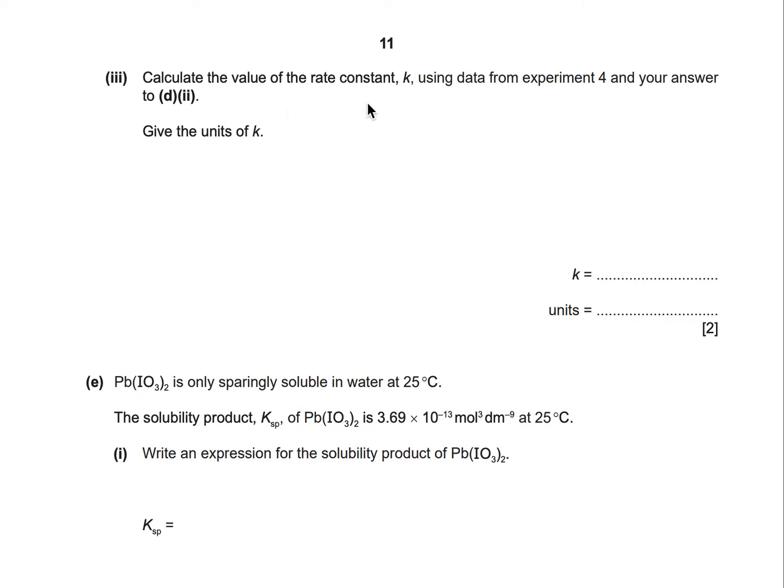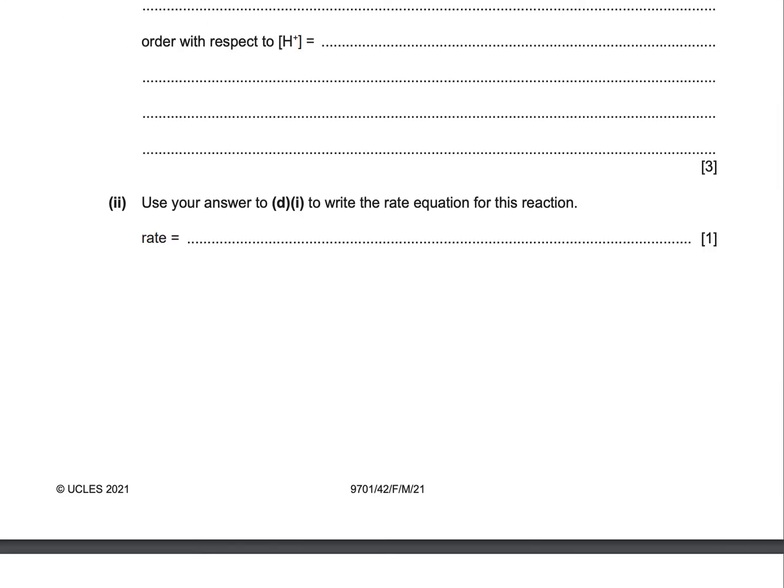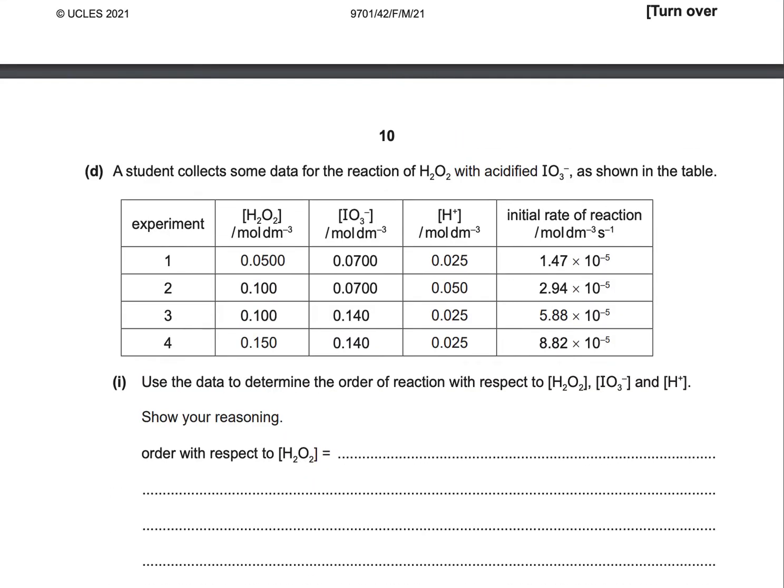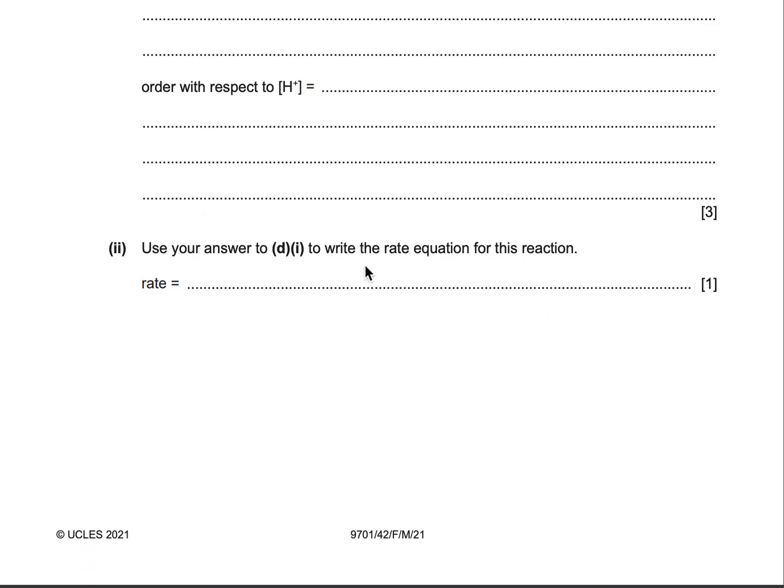Calculate the value of the rate constant k using data from experiment 4 and your answer to D part 2. So experiment 4 is this one, and basically we need the rate equation for this.